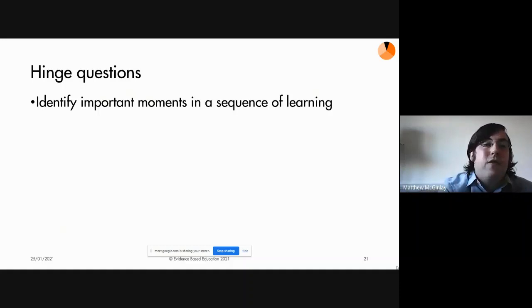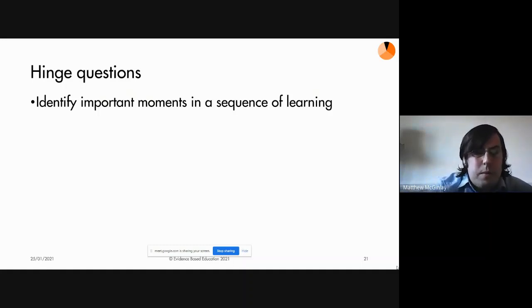Because if they haven't, there's no point in moving on to where we're going next. So good hinge questions will tell you what your students know, but also whether we are at a point where everybody is able to move on to that next step.